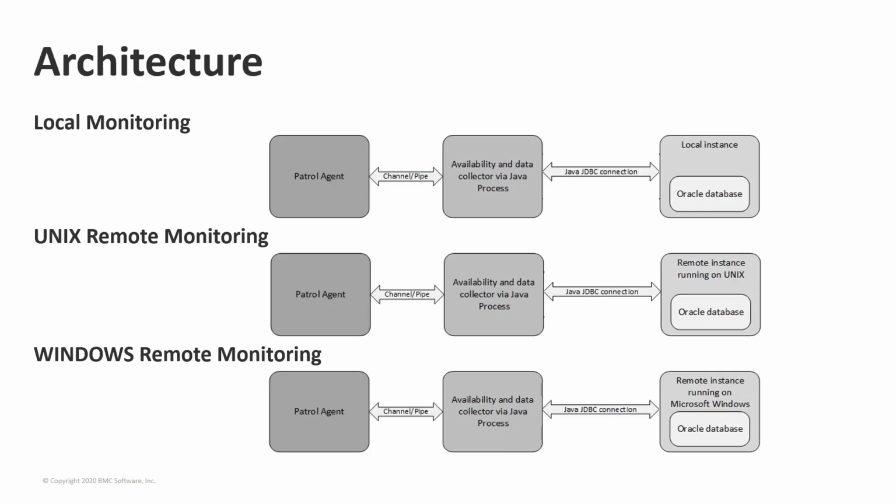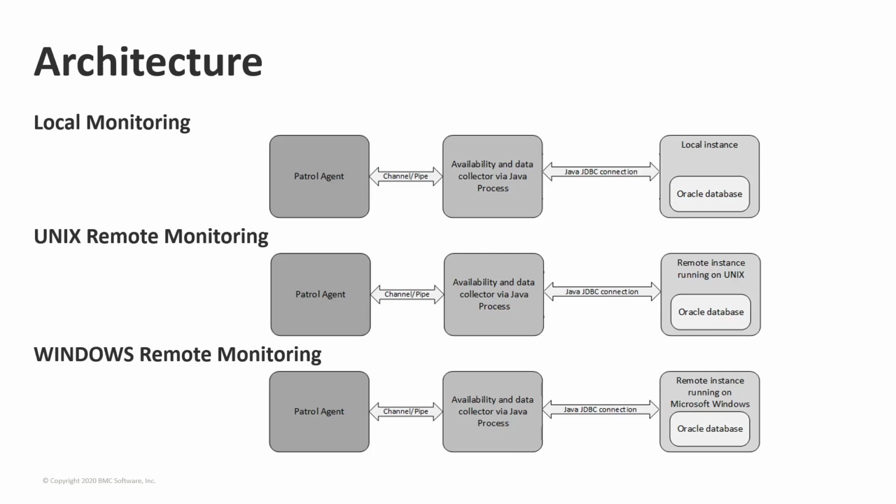On the other side, in this new KM, as you can see in the architecture, basically there is no difference between local and remote, as in both cases we use the SID or service name defined in the tnsnames.ora file. In local monitoring, Patrol for Oracle Enterprise Database starts a Java process.